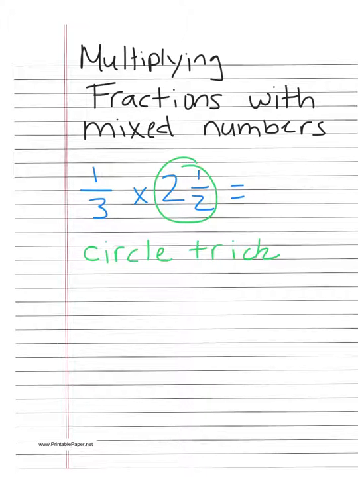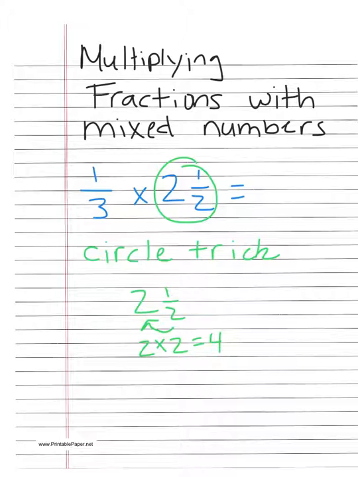So for the circle trick, I have my mixed number 2 1/2, and I'm going to multiply the denominator with the whole number. So I have 2 times 2, which is 4. Now I'm going to take my number 4 and add it to my top number.